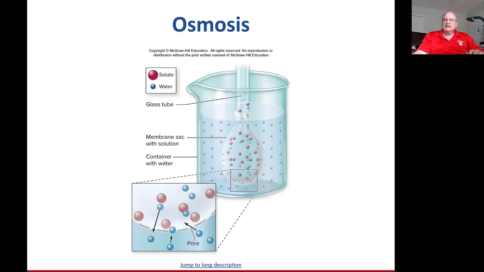And again, that's the movement of water through a selectively permeable membrane, so that the solute, if you look at the red, can't fit through the pores where the water can. And it's really all osmosis is about is how much the red little beads here are displacing the water.